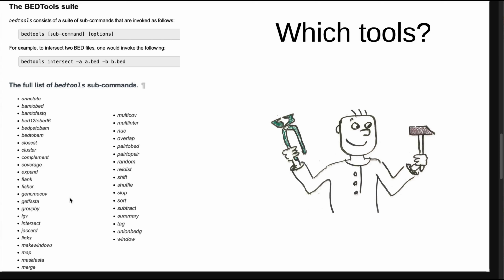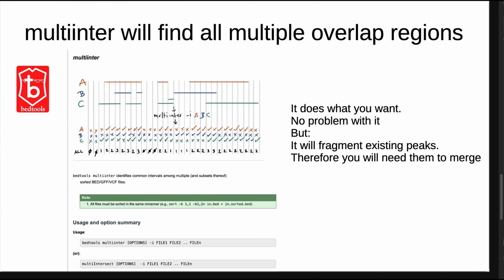Here is the full list of functions, out of which you have to choose, and what I personally use are those two. First, you apply multiinter for the bed files in each group separately, and it will mark all locations where peaks overlap.